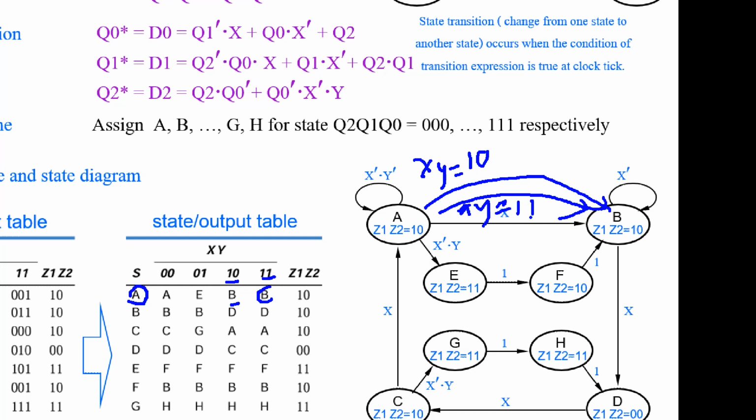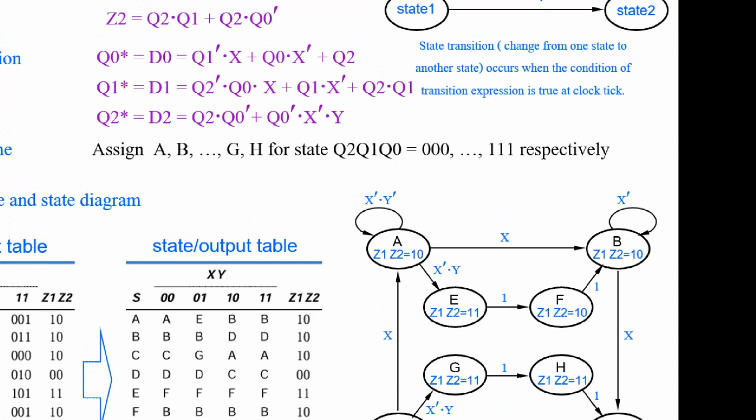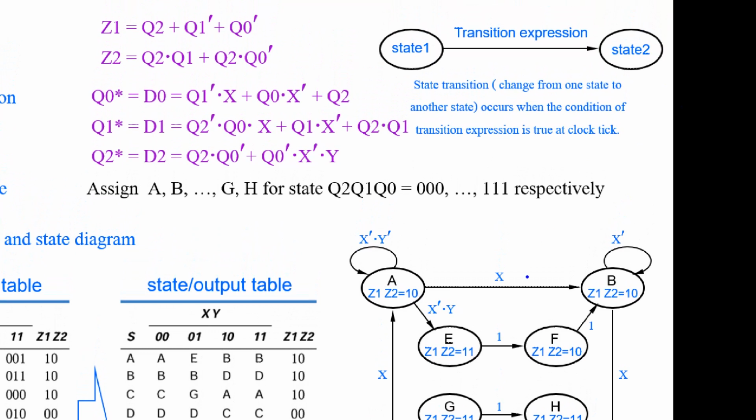Okay, you see that when x, y is 1 0 and when x, y is 1 1, we also change from A to state B, to reduce the number of arrows. So normally we will write an expression of the input condition.